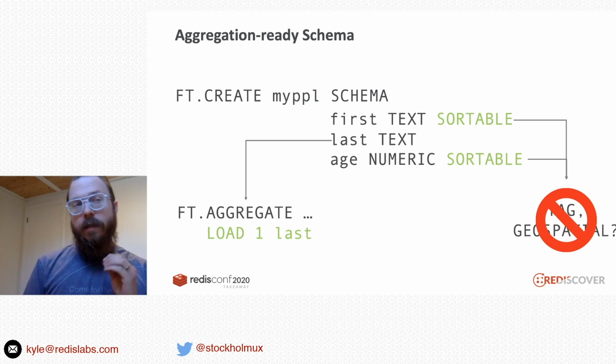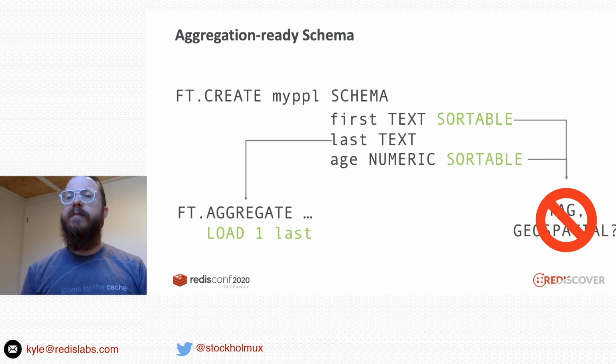Now, sortable does come at a cost. It does have a little bit of memory requirements and storage requirements, but it is something that you would want to do because the performance will be much higher. If you're using load, it's basically an O(N) operation for every document in the index. So in that case, if you have a million documents, it's going to have to visit every single one of them, and it will be excruciatingly slow.